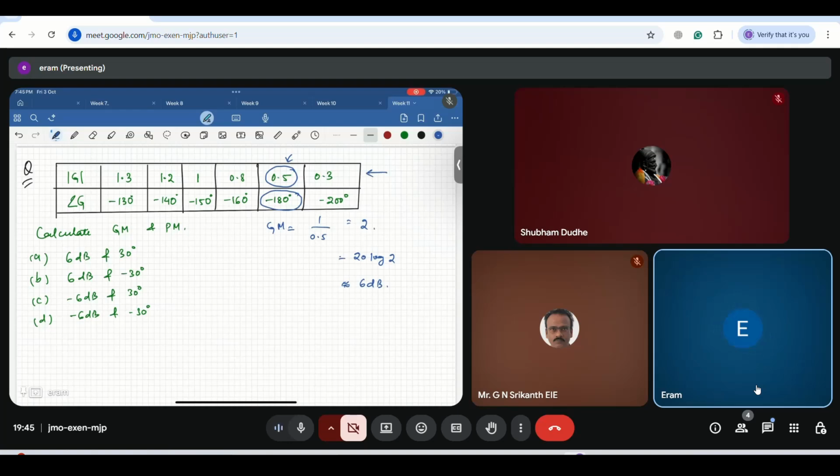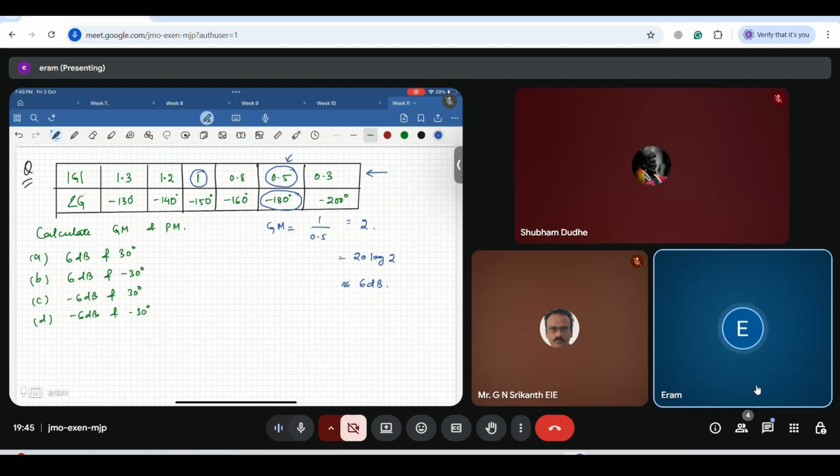So the frequency of interest is where the magnitude is equal to 1. If it were given in dB, we would check the phase at which the magnitude is 0 dB, but since it is not given in dB, we have to check the phase at magnitude of 1.